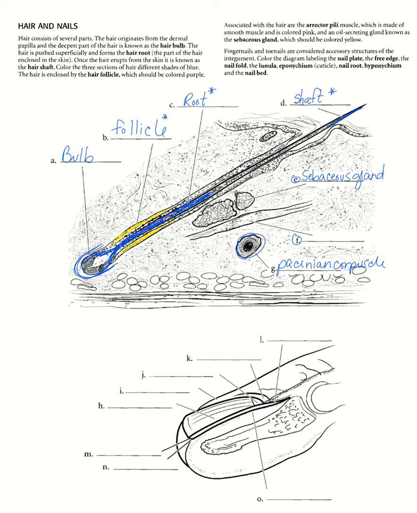And so this is why your hair gets oily, because these sebaceous glands are going to secrete their oils into the follicle where the root is.